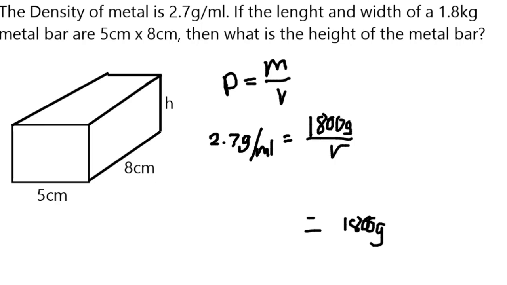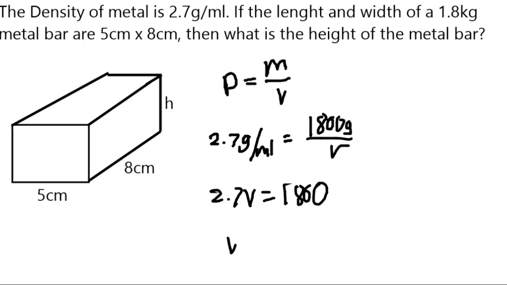And then we're looking for the volume here. So we got 2.7 V equals 1,800. Dividing both sides, we will get this value, 666.6 repeating 7 cubic centimeter.